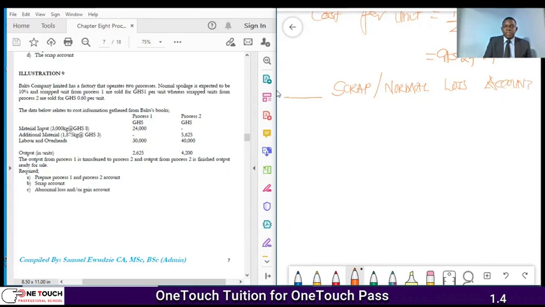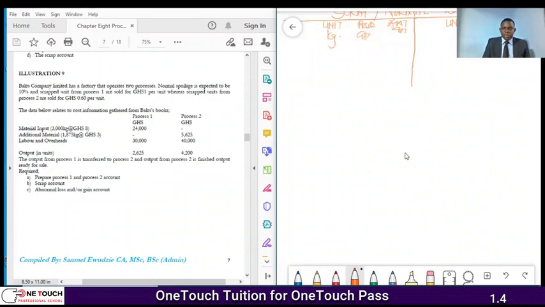Okay. Units, price, and the amount. The amount here, the price, the units. Good. Okay.